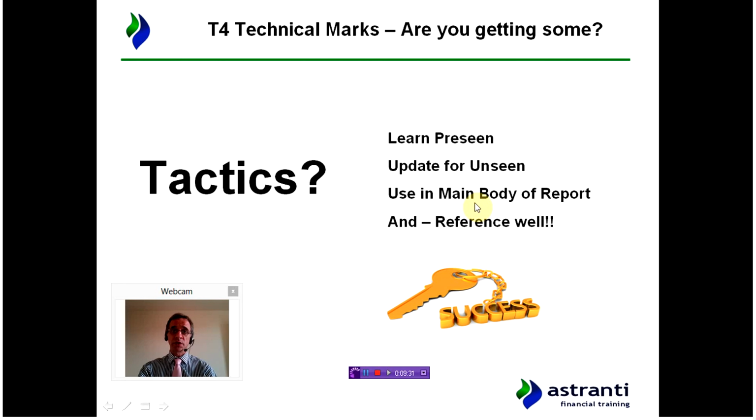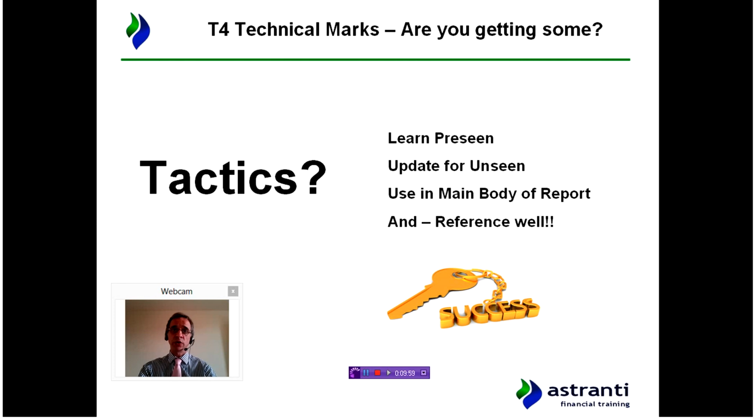So in terms of your tactics, what do you need to do? Well, the first thing is we need to learn the pre-seen. You've got to have your technical models, your SWOT, perhaps your Mendelow's. You've got to have the basic information from the pre-seen in your models. That's a given. You've got to update for the unseen. You've got to include each of your four issues or relevant points from each of the four issues within your models in the appendices, if that's where we're going for our technical marks.